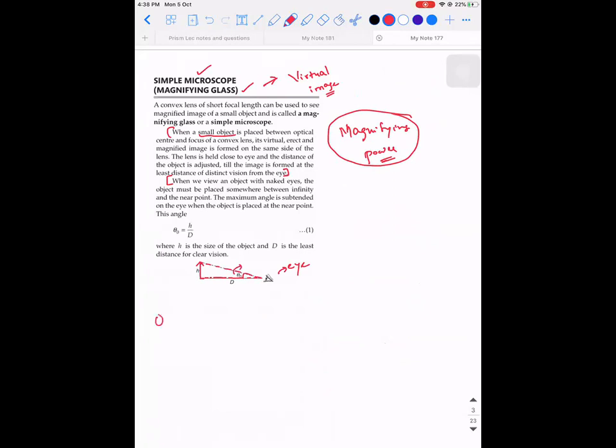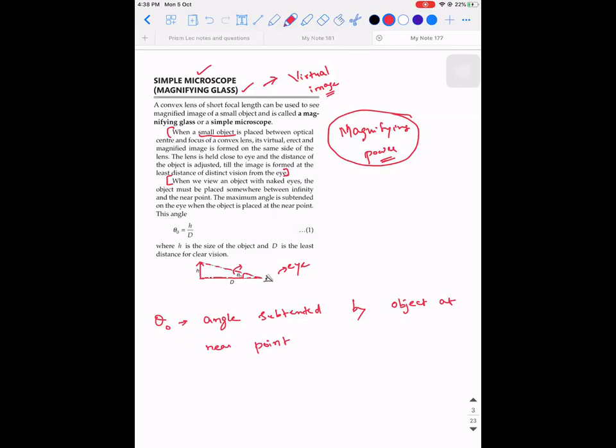So can I say theta naught is the angle subtended by whom? What are you trying to look at? Are you looking at the object or the image? Object. So, the angle subtended by the object at the near point. Wherever I say near point, it is without the help of an optical instrument.